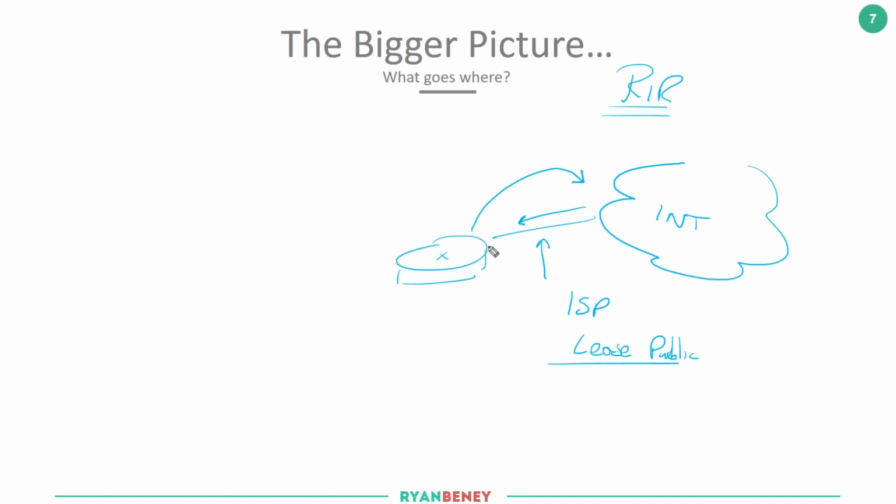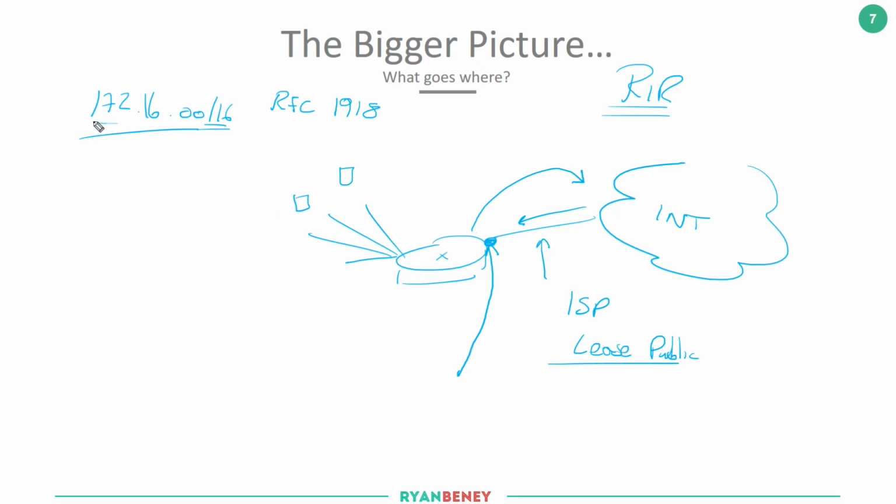So public IPs are globally unique. They can be static, they can be dynamic, and they can be either ones that we own or one that an ISP owns. Behind the router, we tend to have a bunch of devices. These devices will have IPs part of the RFC 1918, which, let's say for example, maybe the 172.16.0.0/16 range, and that means that all of our devices will have an IP address of something like 172.16.0.1, 172.16.0.2.